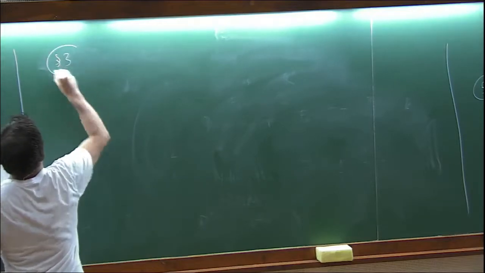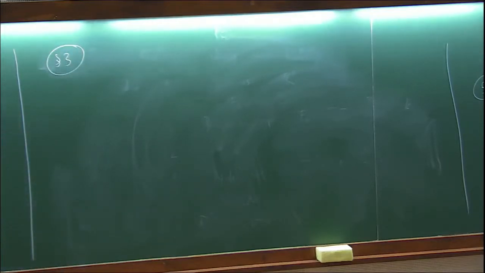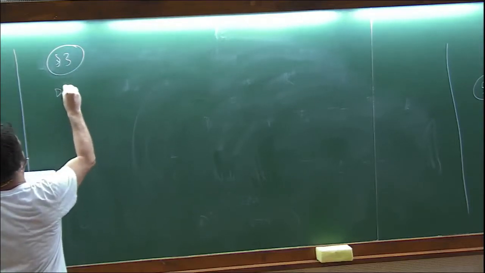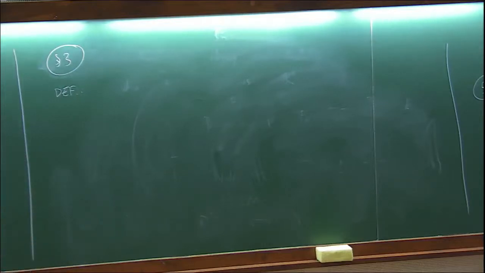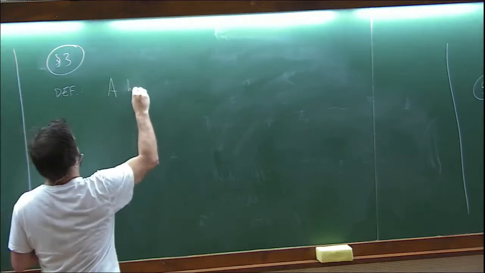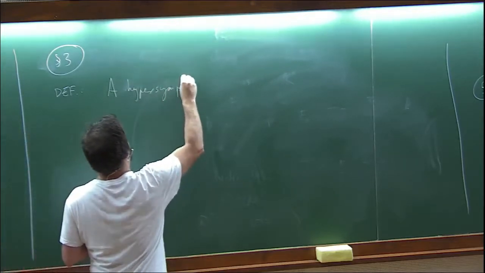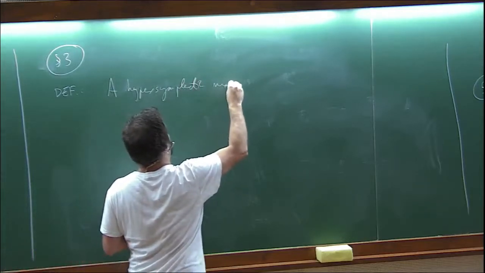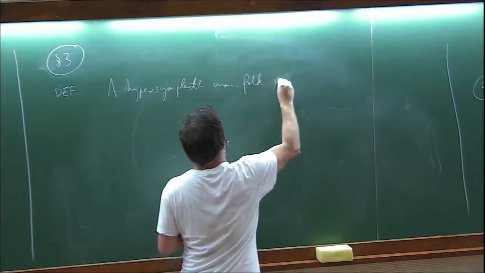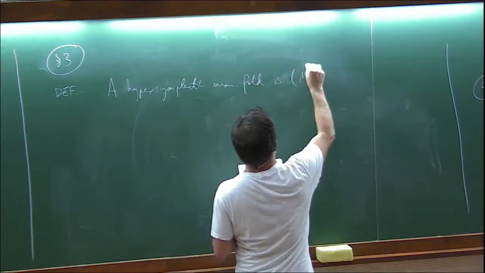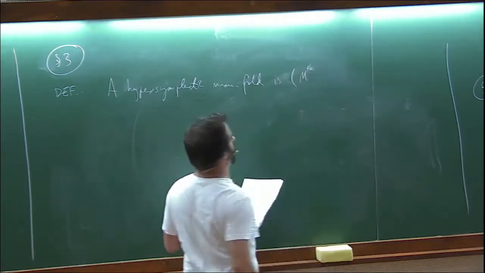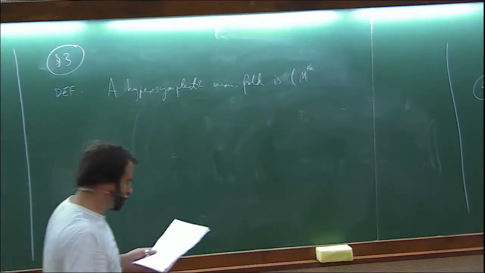Now I'm going to flash you some basic facts about hypersymplectic geometry, which maybe you're not familiar with, because this is not a very standard topic. Definition: a hypersymplectic manifold is a quintuple, so a manifold, which has to have dimension a multiple of 4.